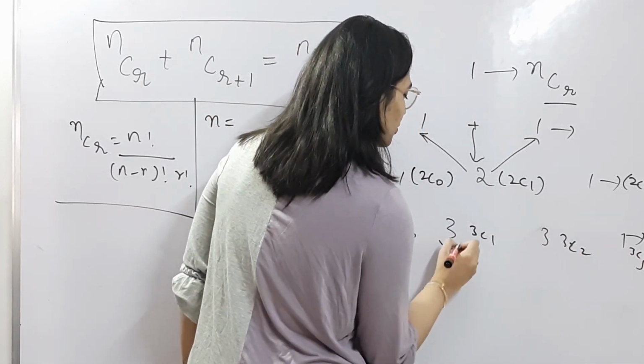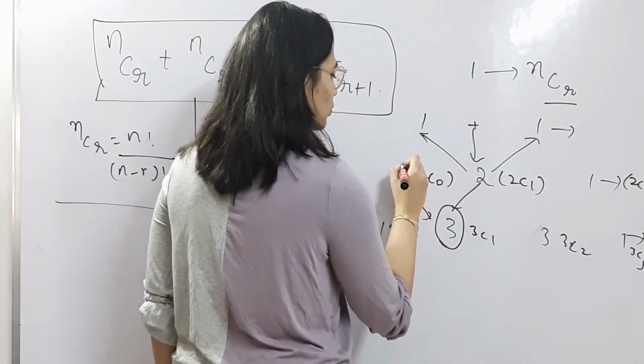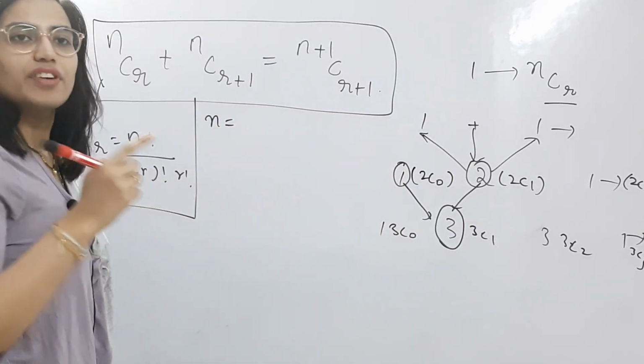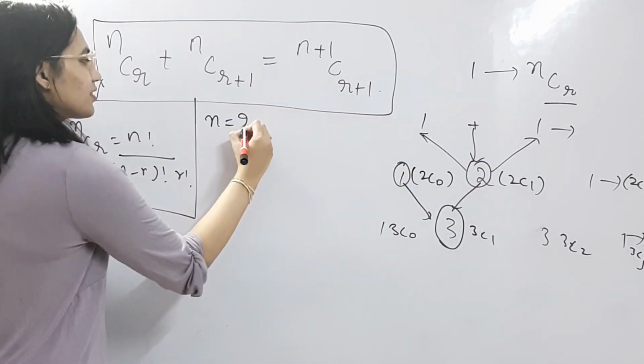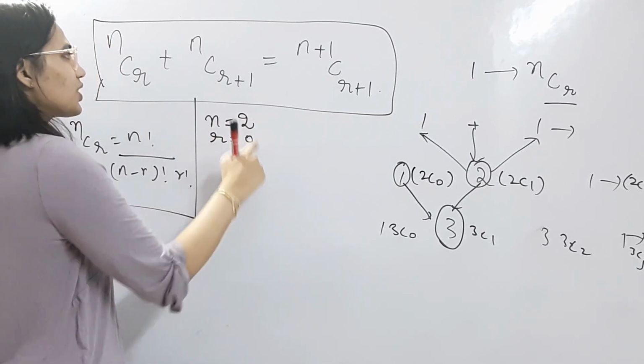Now let's try to prove this. When you add these two, 1 and 2, you get 3. That means 2C0 plus 2C1 gives 3C1. So n here is 2 and r is what? 0.